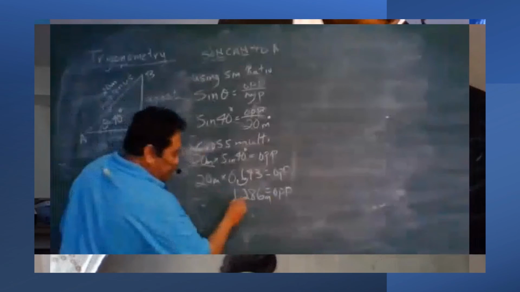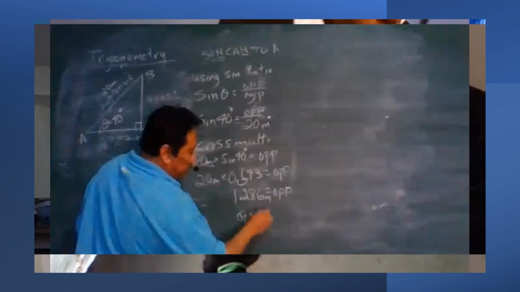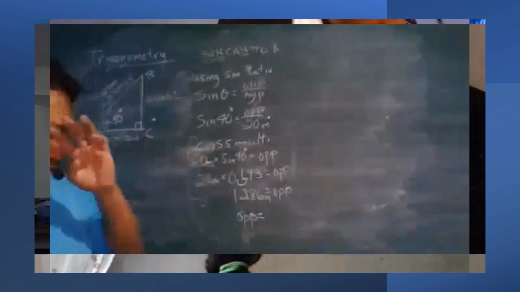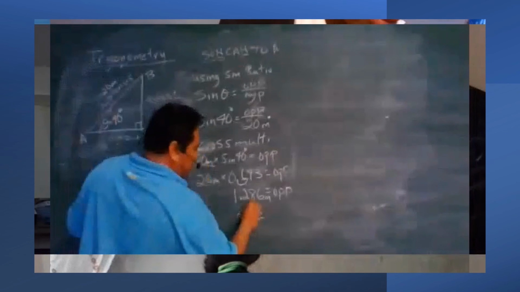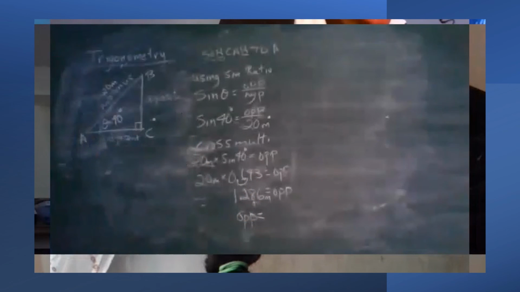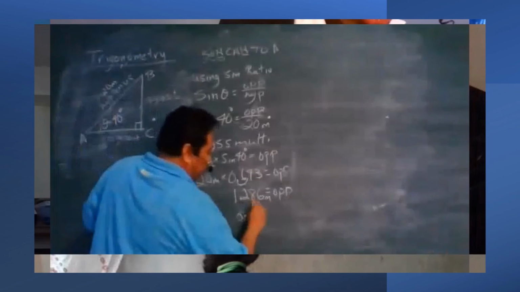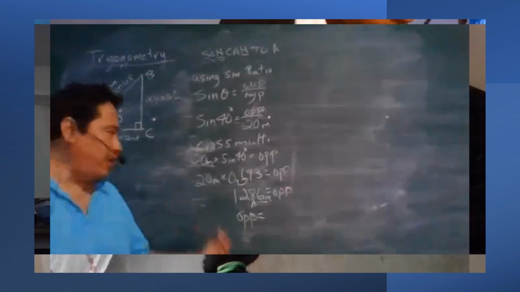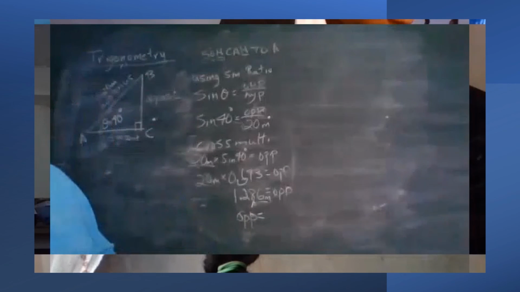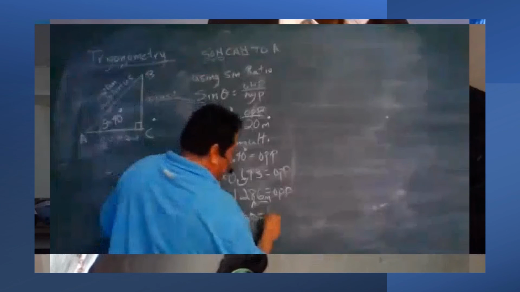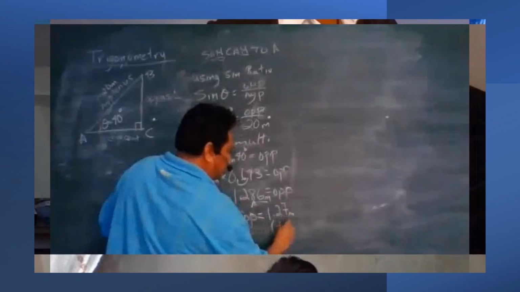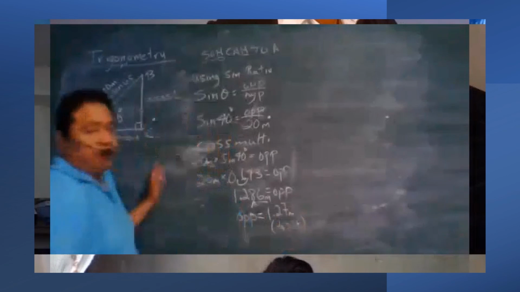Now the problem is that I can only use the first 3 digits. So the third digit is 8, and behind the 8, the number is 6. So I have to add 1 to the 8 to round off. So that's going to be 12.9 meters to 3 significant figures.